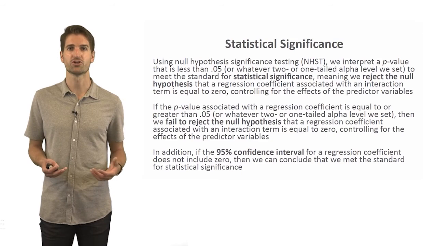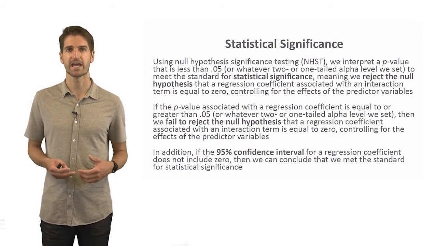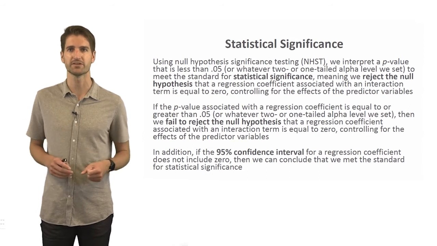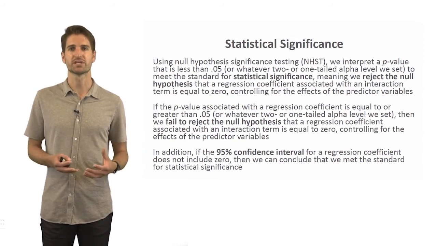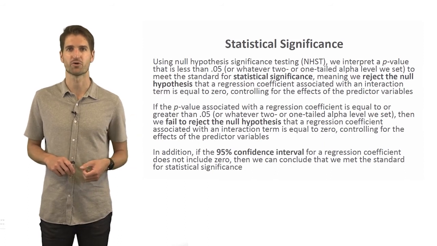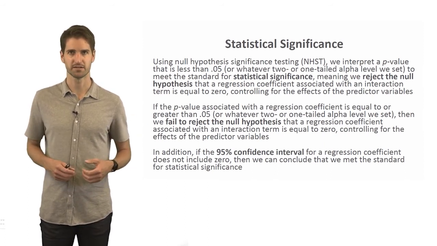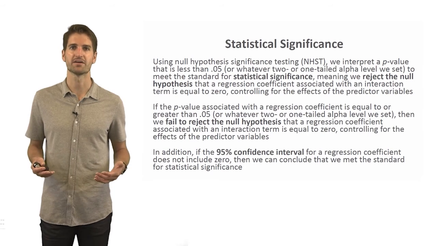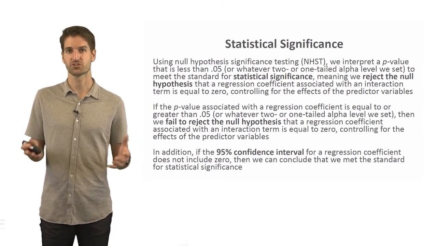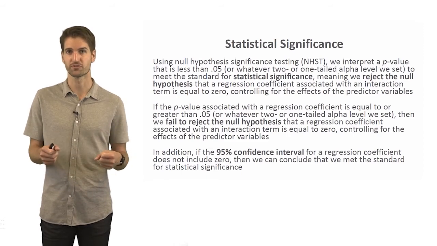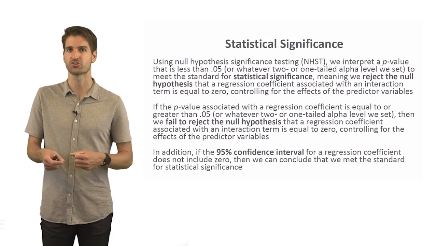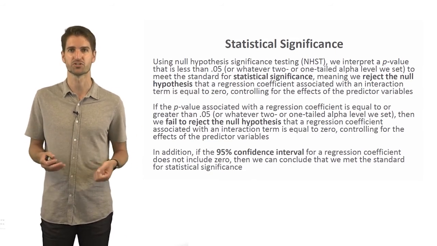So assuming we're using null hypothesis significance testing and we set alpha to be 0.05, which is fairly conventional, and two-tailed, we would conclude that something is statistically significant if the p-value associated with a regression coefficient is less than that alpha level of 0.05. In this case, we are talking about the p-value associated with the regression coefficient for the interaction term, because that's usually what we're interested in when we run a moderated multiple linear regression model.